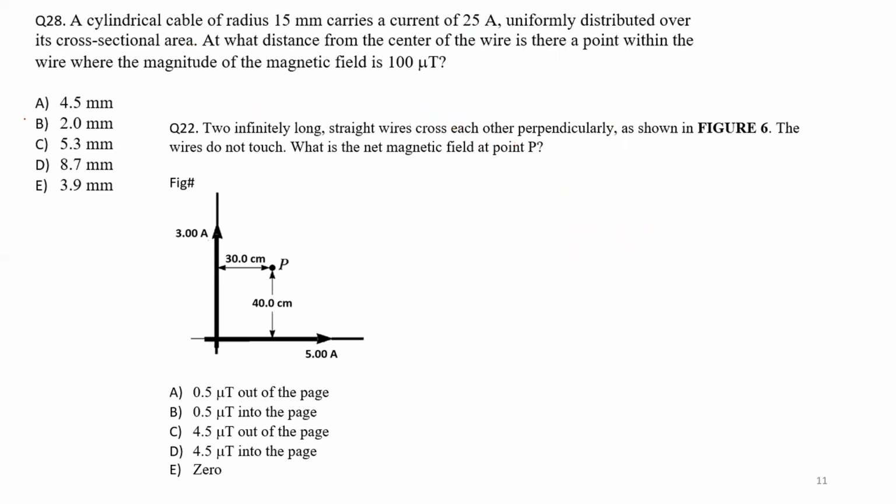We have two infinitely long straight wires that cross each other perpendicularly, as shown in figure 6. The wires do not touch. What's the magnetic field at point P? Of course, if I call this wire Y1, and this other wire Y2, the net magnetic field at P is B1 at P plus B2 at P. Now tell me about B1.